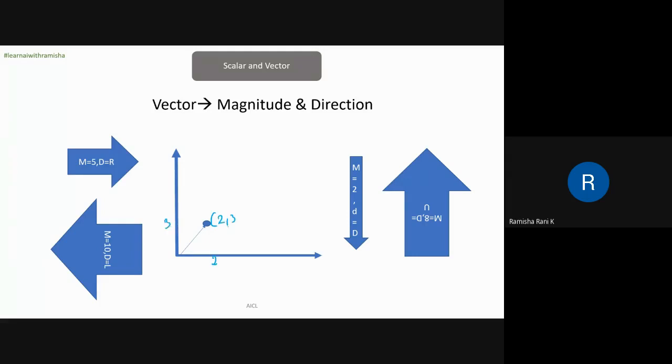We are plotting 2, 3, and this is in the first quadrant direction, and the magnitude is the distance from the origin to this point. So we are calculating the distance, which is the magnitude, as well as the direction in which it is moving.